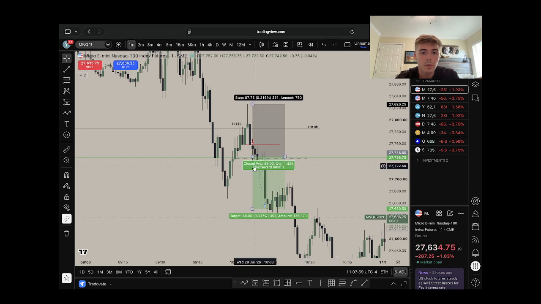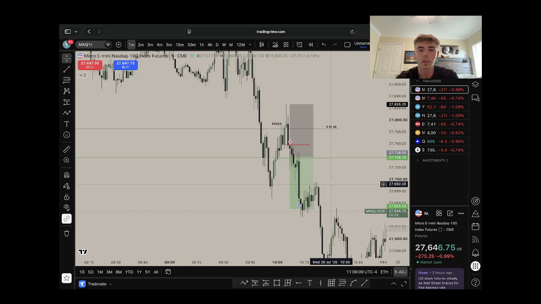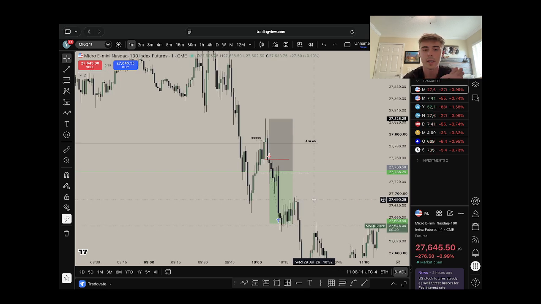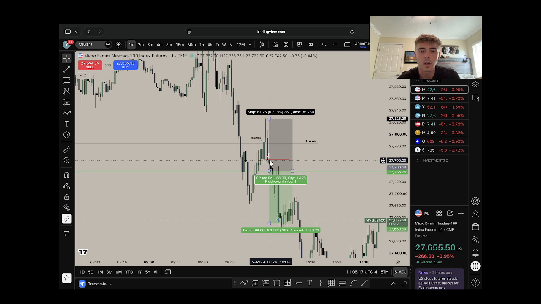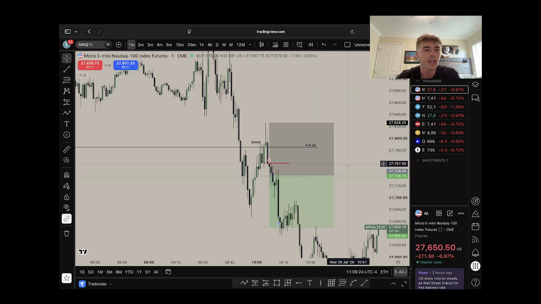My fill was supposed to be all the way right here in a perfect world, but we ended up getting filled somewhere right around here and targeted a 1-to-1 risk reward. I was risking about $500 on this trade, and it ended up making a little bit more because I got filled lower, so it made me risk more on the trade. So that's how I made the $582.